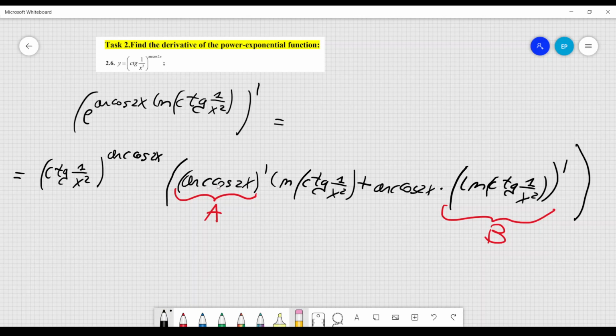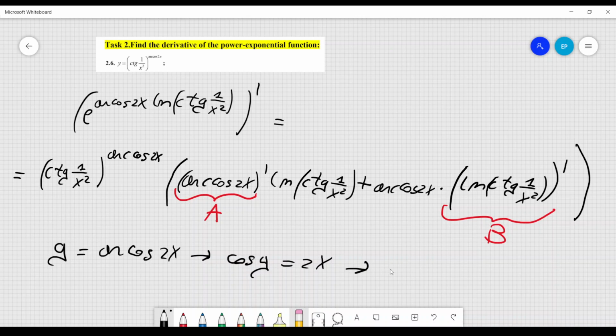So we have to calculate the derivative of the arc cosine of 2x. Let's call it g, because y is already our function here, so let's avoid getting confused. g of x is equal to arc cosine of 2x, which means that the cosine of g is equal to 2x.